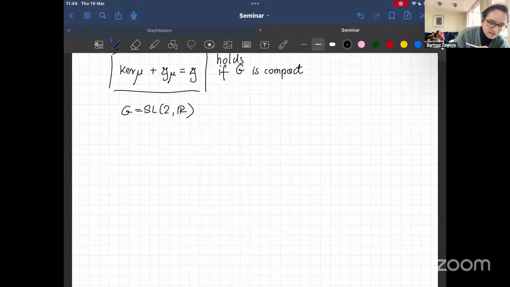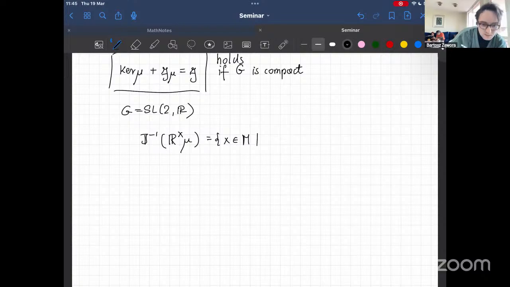Well, instead of taking the level set, he just took the pre-image of R cross mu, which is given by points x in M such that J of x is not mu, but something proportional to mu, right? So here's lambda R x.